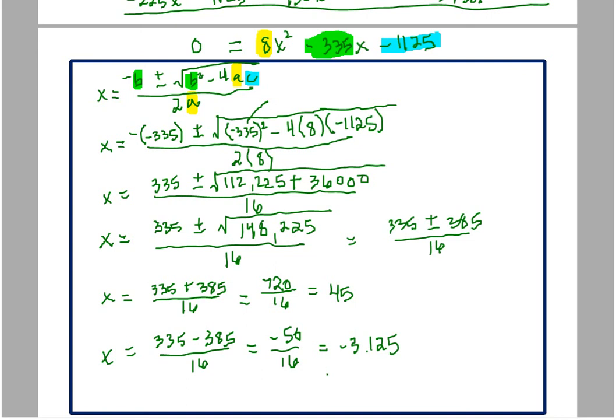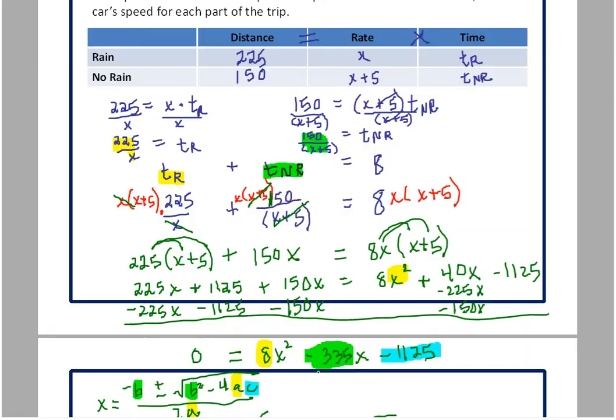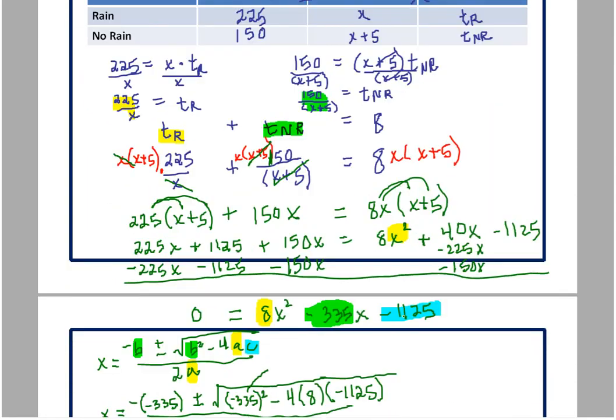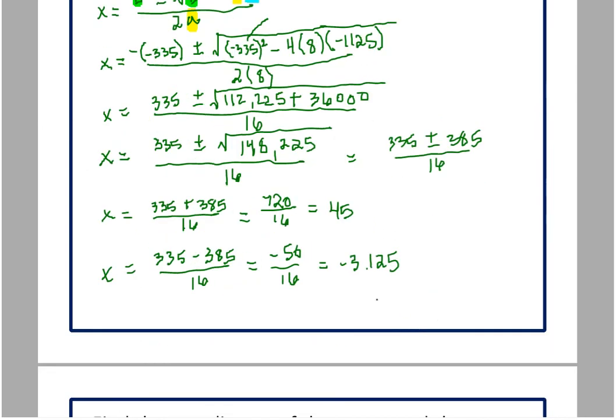Okay, so what was x? X was our rate, our speed of the car up here. So one thing we need to pay attention to, you can't have a negative speed. So we're going to toss that answer out. So our x equals 45 miles per hour.